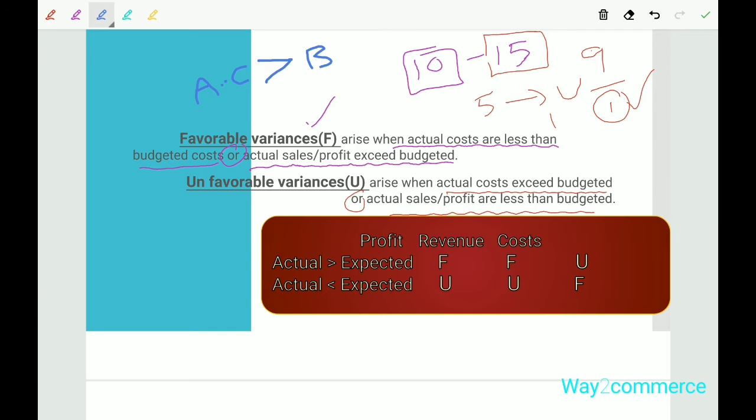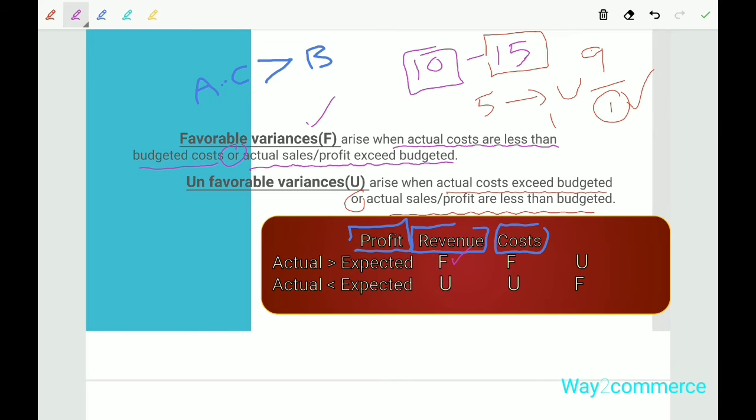Okay, so here profit, revenue, cost. Actual cost greater than expected. In respect of revenue, it is favorable because it is more.